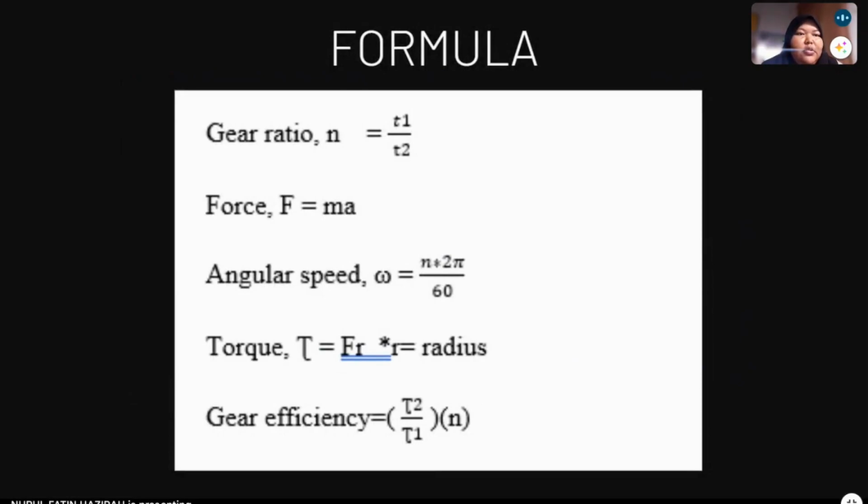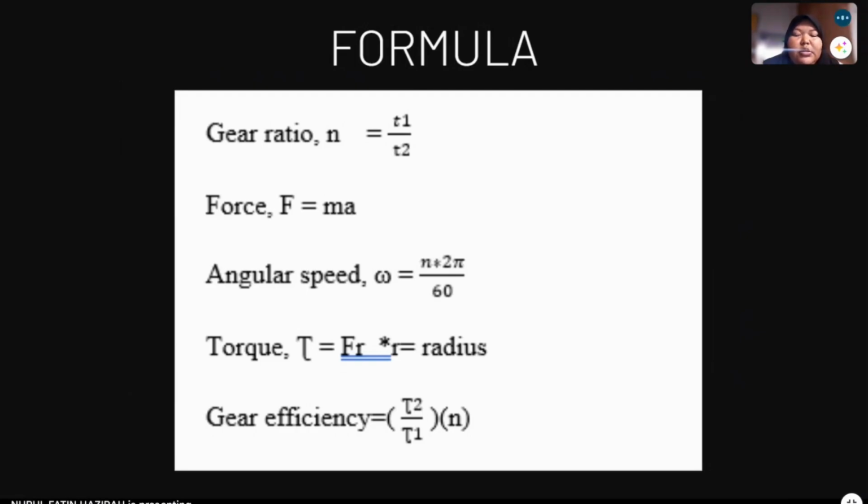In the next slide, we will show you the formula we use for the assignment. We use the gear ratio, which equals the number of teeth T1 per the number of teeth T2. Next, we use the force. The force equals mass multiplied with the acceleration.